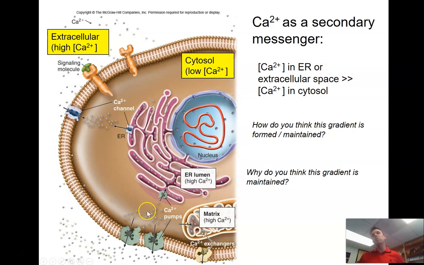So in order to do that, calcium has to be pumped from low in the cytosol to high in the ER, or from low in the cytosol to high in the extracellular space. And then when a channel opens, the calcium is going to flow really rapidly from high to low, from the ER to the cytosol, or from the extracellular matrix to the cytosol. And this is important because this means that you can regulate a lot of things in the cytosol by whether or not calcium is there.